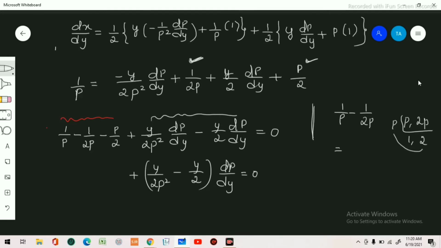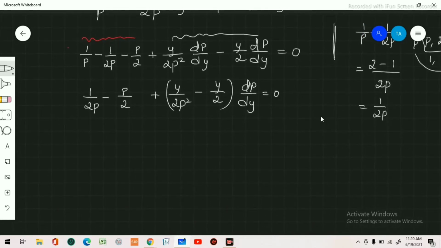So the LCM is 2p, and the first term is 2 minus 1. So you will get 1 by 2p as the answer for these two terms. I'll substitute that term here, 1 by 2p, and the remaining term p by 2 I am keeping as it is. Is it okay till now?